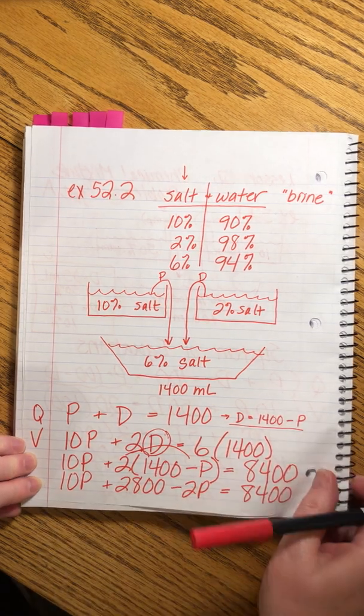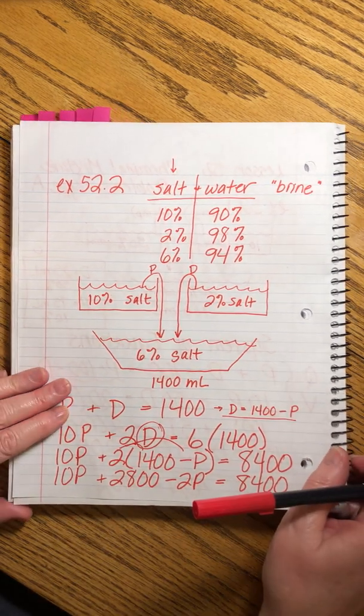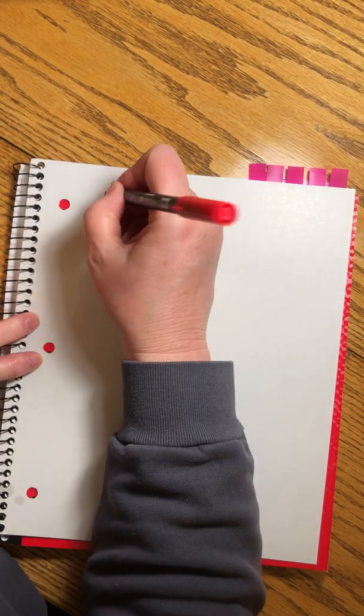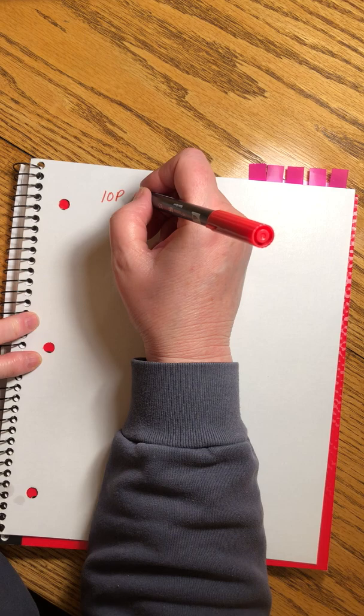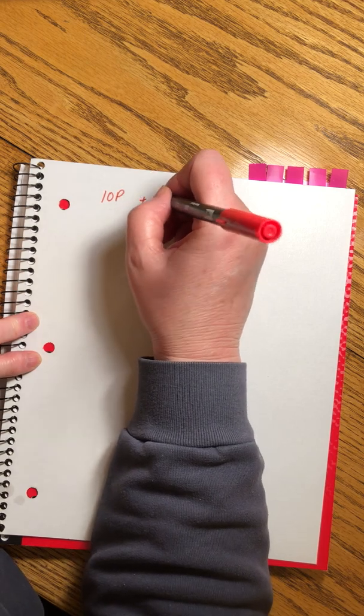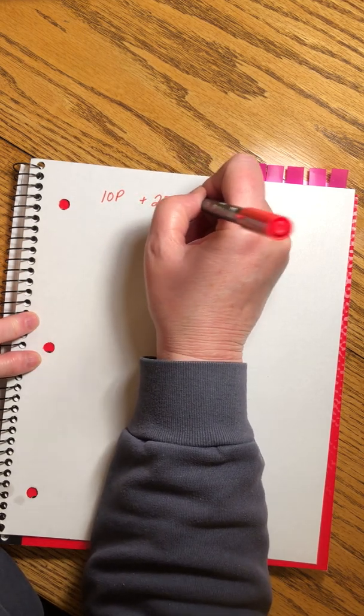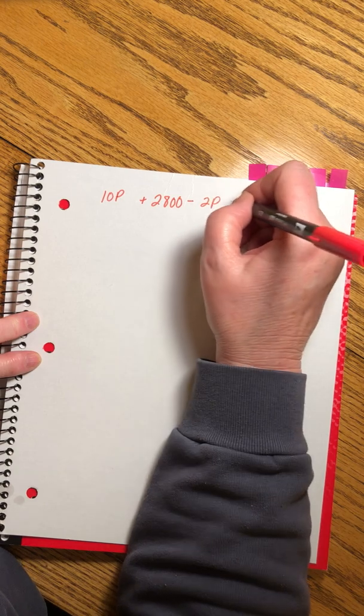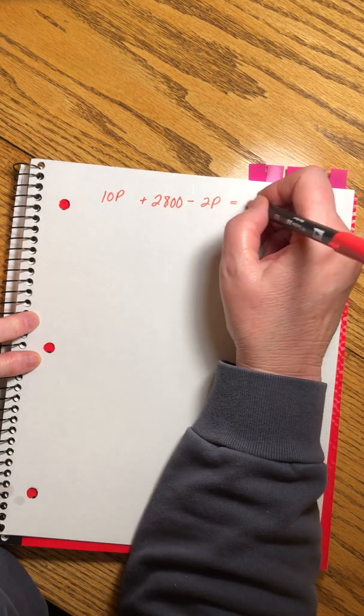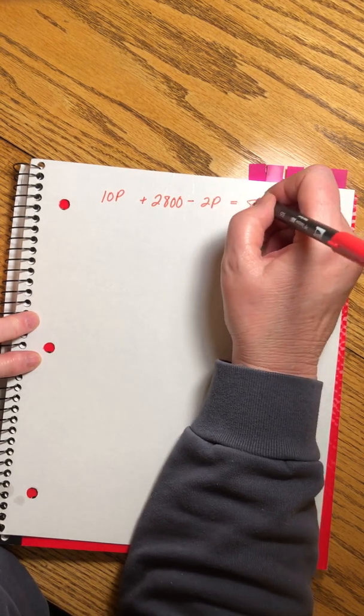I'm going to copy this up to the top of my next page. 10p plus 2,800 minus 2p equals 8,400. I'm just going to check and make sure I copied that right.